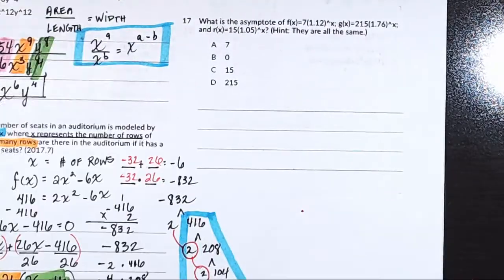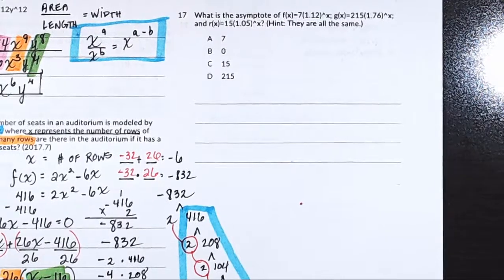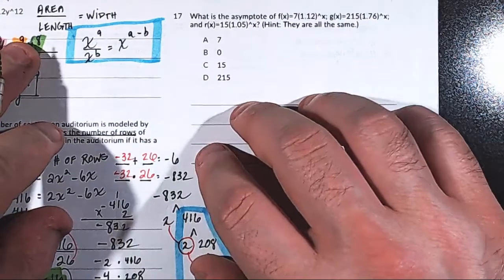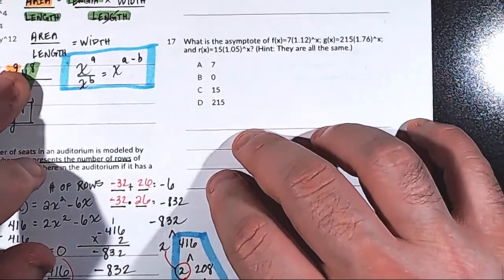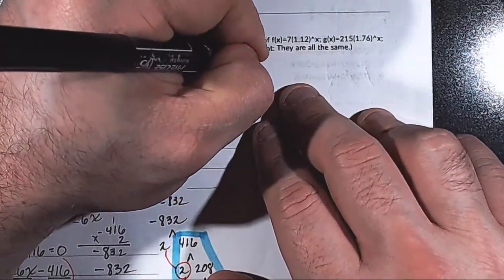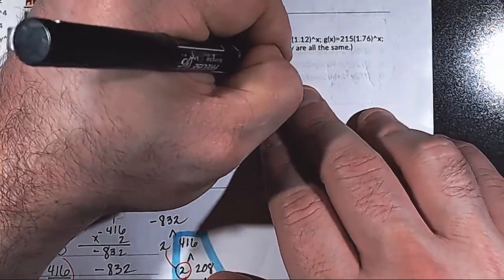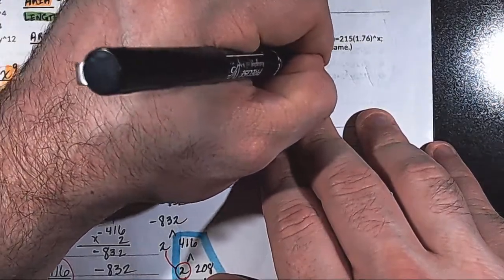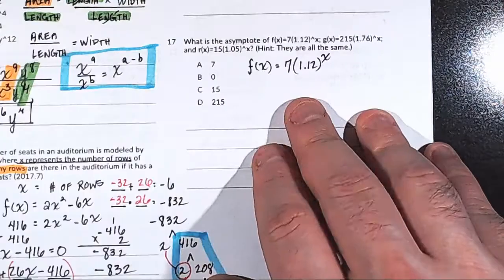Number 17. What is the asymptote of, and then it gives us 3 exponential functions and says, hint, they are all the same. Well, let's first write them out, and then I'll show you a quick trick that demonstrates a principle of exponential functions. So first we're given f of x equals 7, open paren, 1.12 raised to the x.